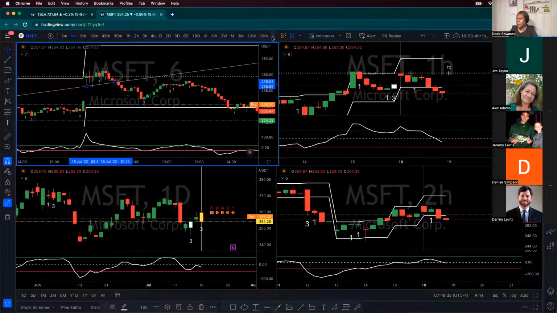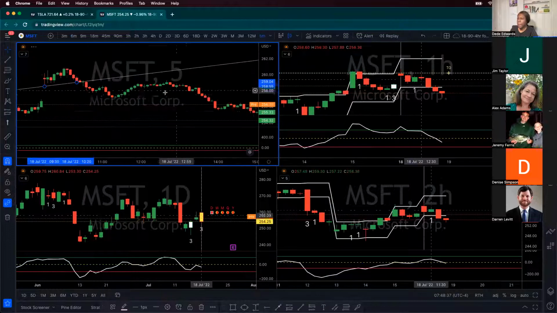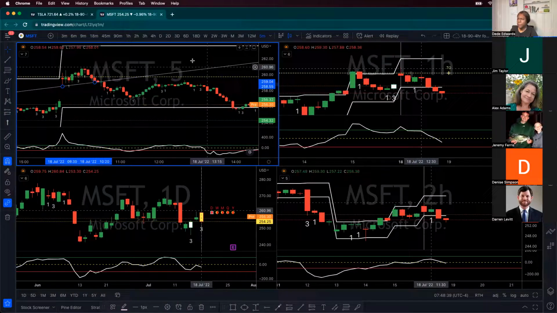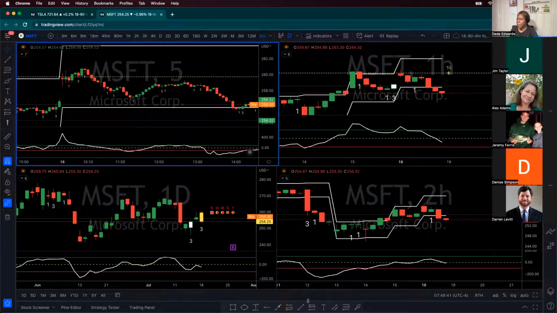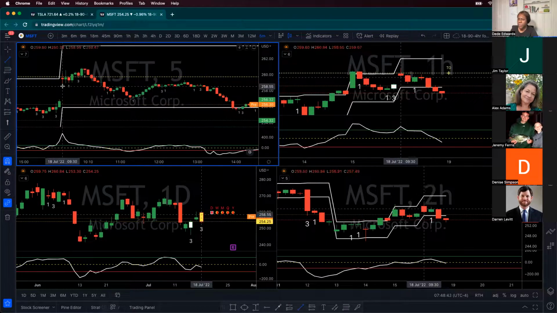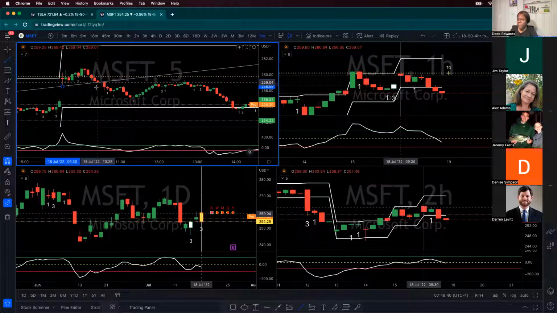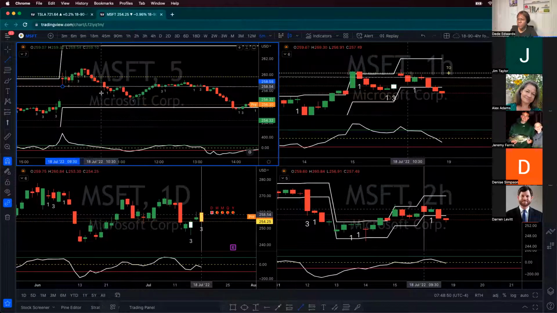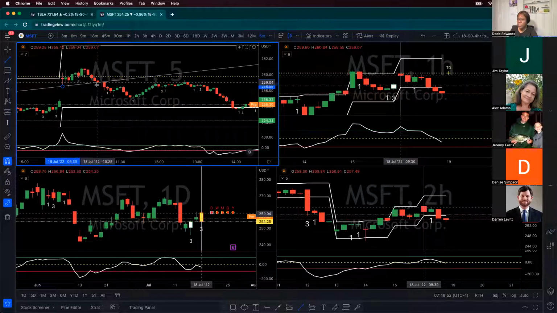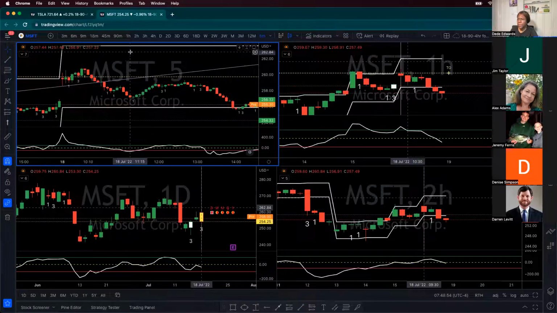Let's look just to see how that would have worked if you are a 5 minute type of person. The low and the next lowest candle in this range would be the same. Yep, so it would have been the same, right?